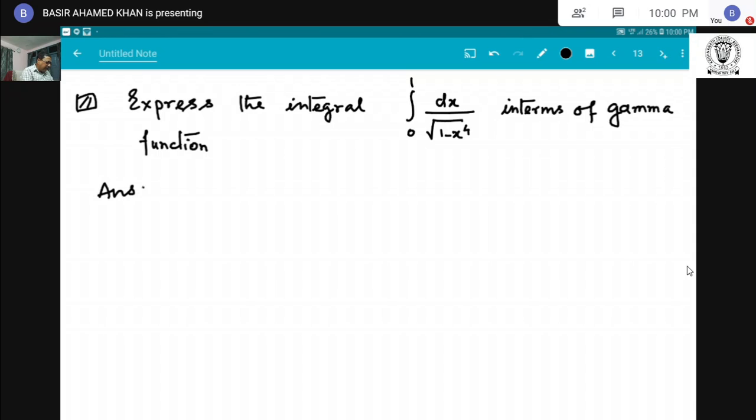The answer is, I have to express this integral 0 to 1 dx over root of 1 minus x to the power 4 in terms of gamma function.